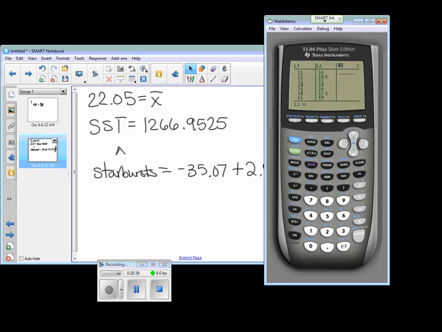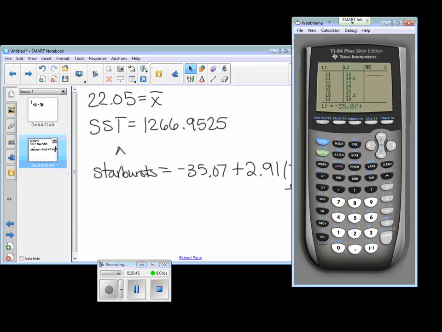So the equation is going to be, what, negative 35.07 plus, what was it, 2.91? 2.91 times the handspan, which was where on our list? List 2. Good. Because list 2 is where we put our handspans, right?